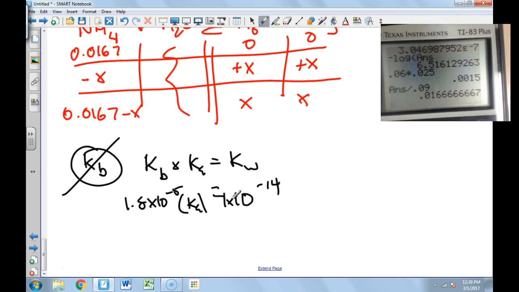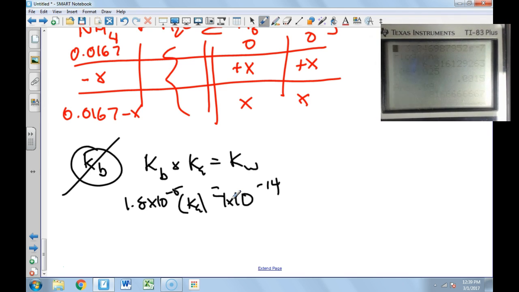Okay, make sure that I don't move my calculator out of the screen. Sorry about that. So I'm going to go 1 times 10 to the minus 14 divided by 1.8 times 10 to the minus 5. And so Ka equals 5.56 times 10 to the minus 10.